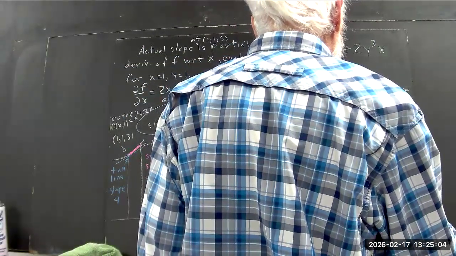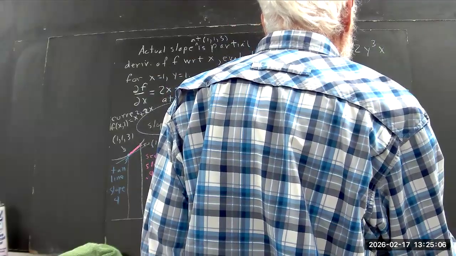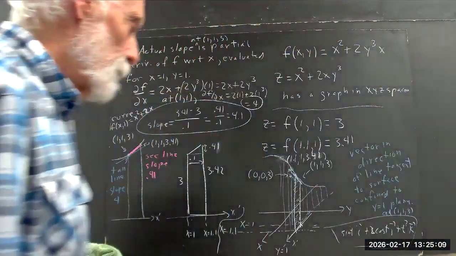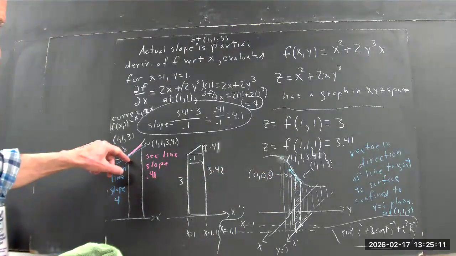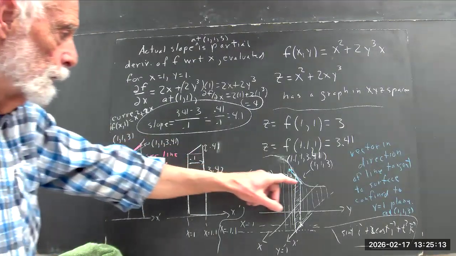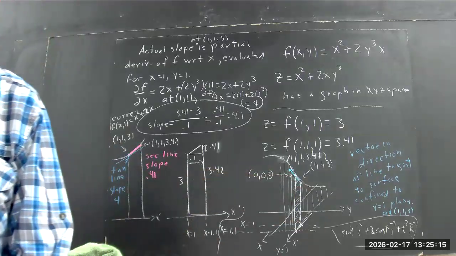And let's just say at the point (1, 1, 3). Now there's the point we're talking about, the point represented here.